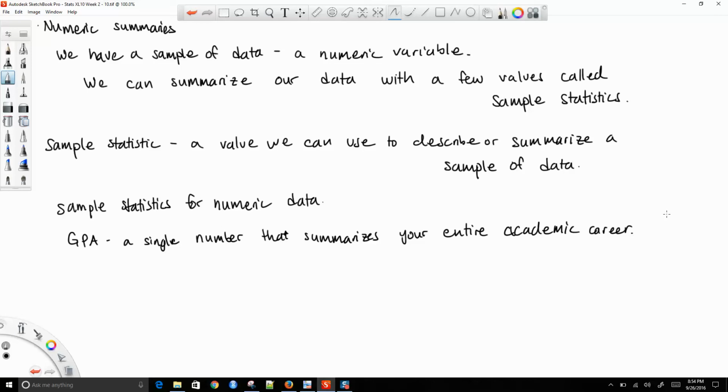So what do we have? I wrote, GPA is a single number that summarizes your entire academic career.